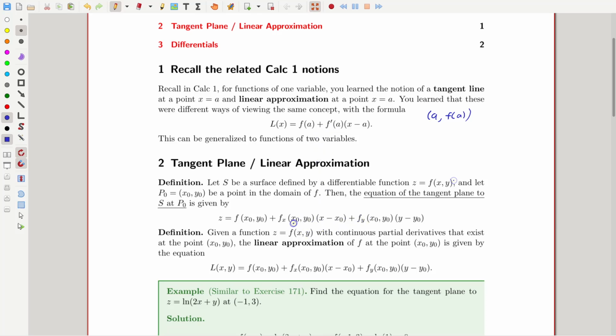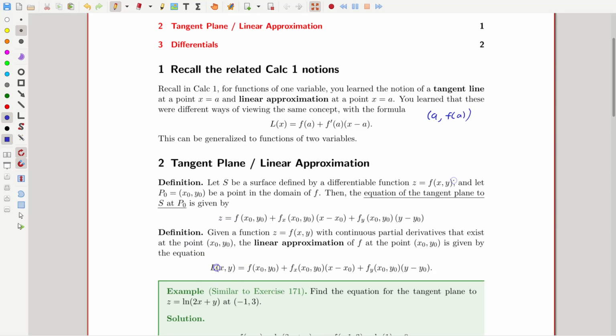Right. So hopefully you can see the analogy between the one-dimensional case in Calc 1 and the two-dimensional case that we have now in Calc 3. And just like how tangent line and linear approximation were equivalent notions, tangent plane and linear approximation are equivalent notions, as you can see. This is the formula that you would have for the linear approximation, and the only difference is that instead of z, we have this L of x and y.